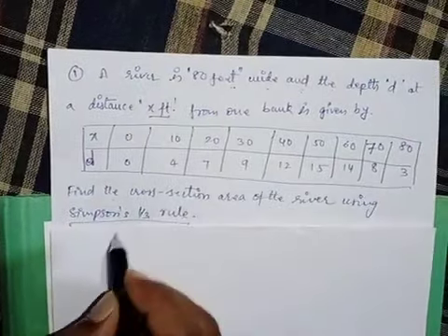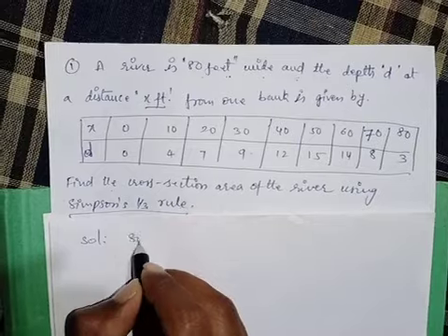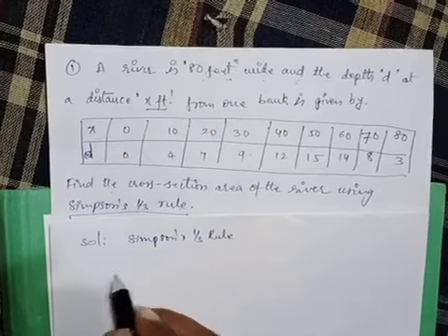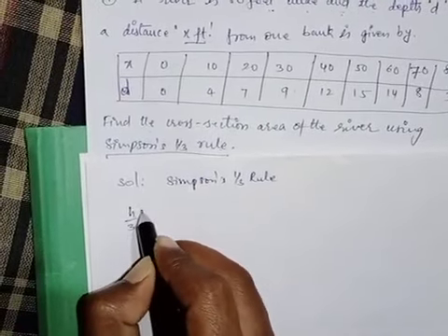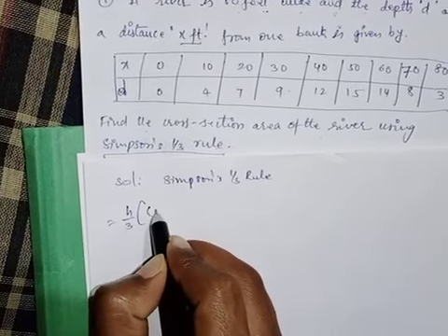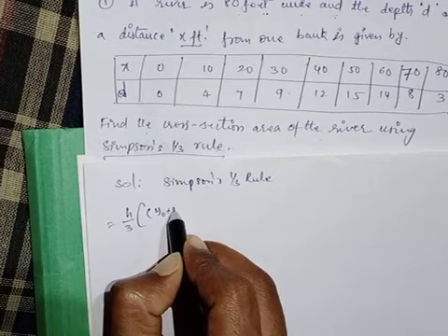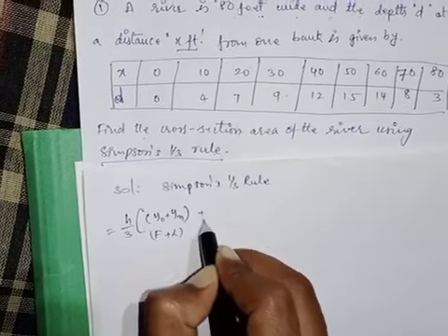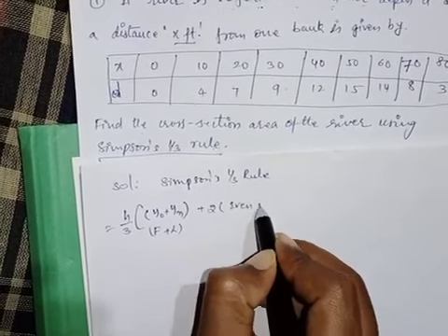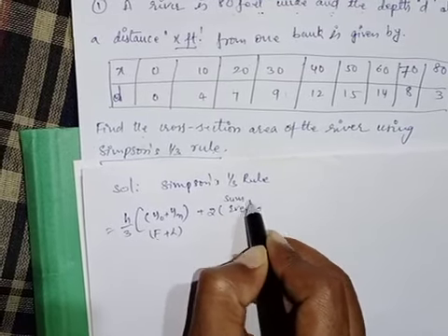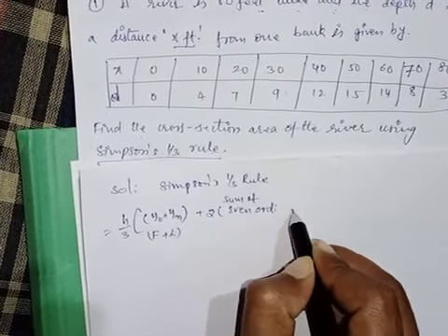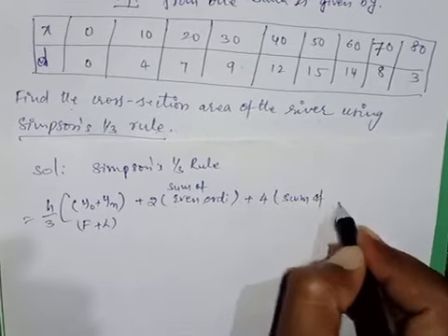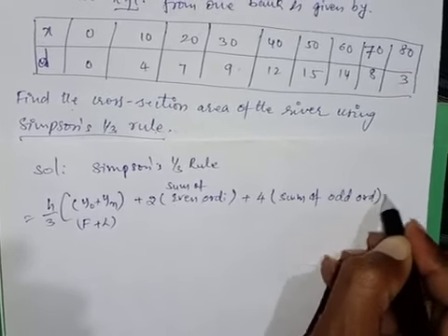See, we can solve this by using Simpson's method. We know that Simpson's 1/3 rule formula is h/3 whole into y0 plus yn, means first value plus last ordinate, plus 2 into sum of even ordinates plus 4 into sum of odd ordinates.